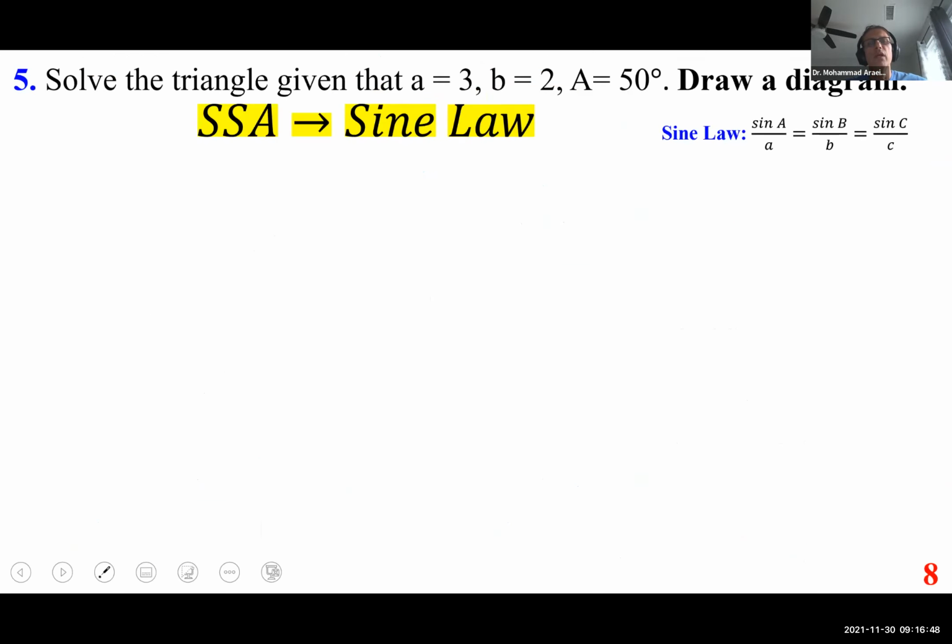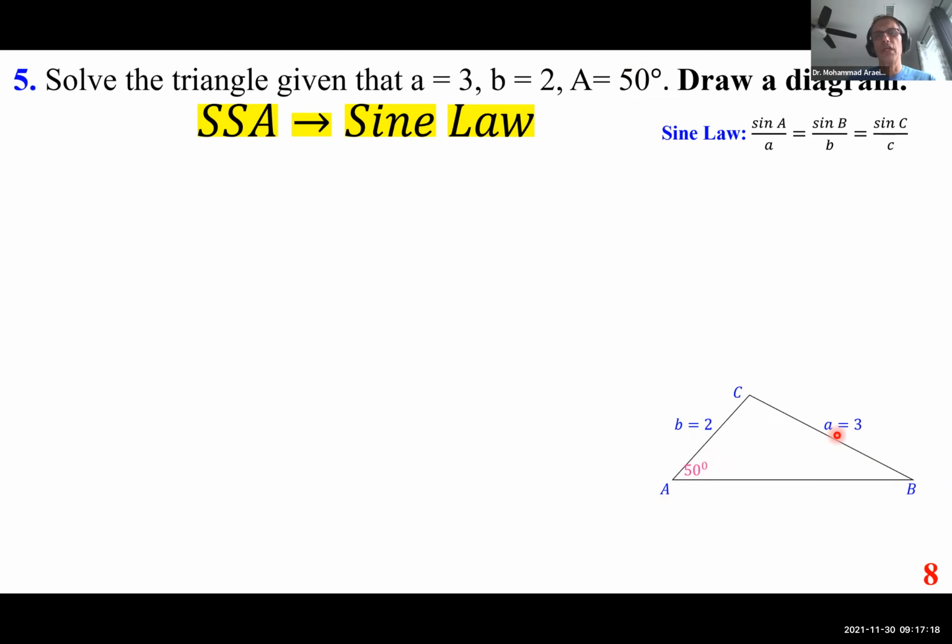Let's look at this case where a and b, two sides are given, and capital A represents the angle A. Therefore, it's good practice to put them in there. Again, it doesn't have to be to scale, because we may not know exactly what we end up with, but a rough sketch is good enough. So capital A is 50 degrees.